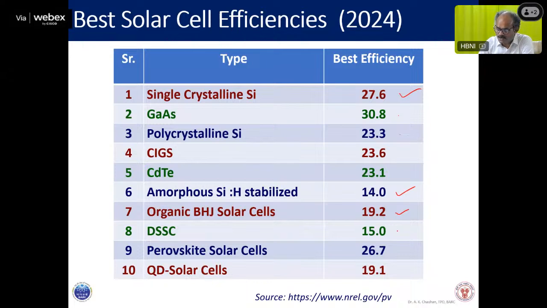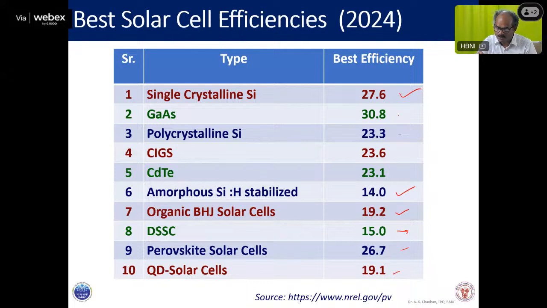DSSC is somewhat saturated. For many years there has not been much progress, only very gradual increase. In 10 years, only 1 to 2% has increased. And perovskite is increasing very fast. Currently it is at 26.7% efficiency. And quantum dot solar cells are about 19.1%.